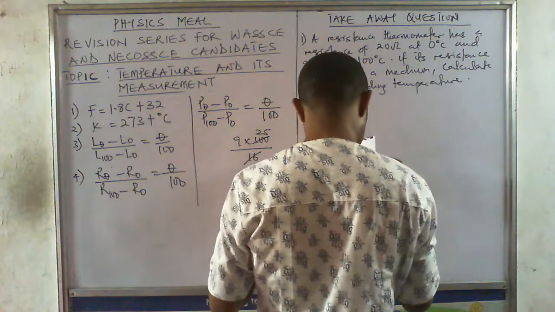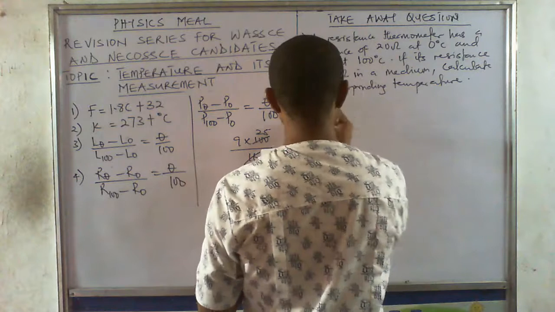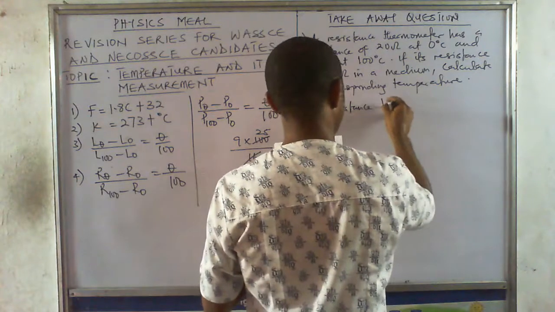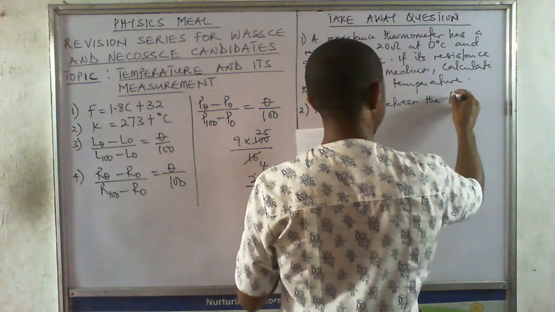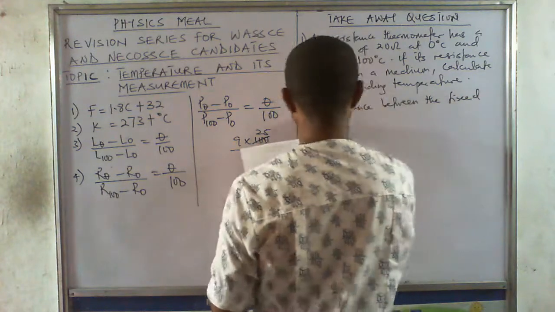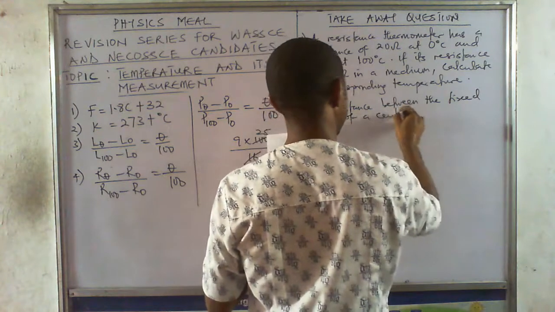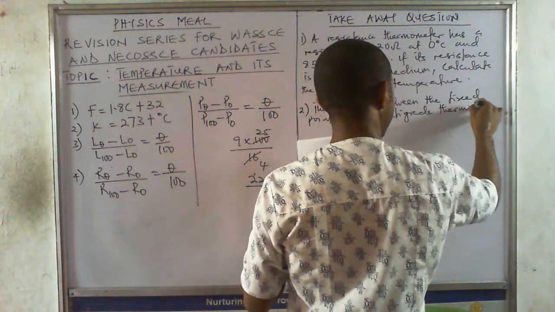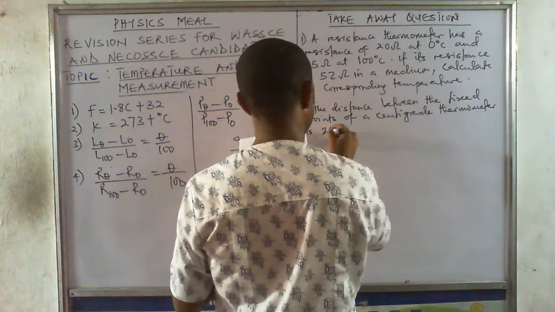Okay. So the distance between the fixed points of a centigrade thermometer is 20 cm.